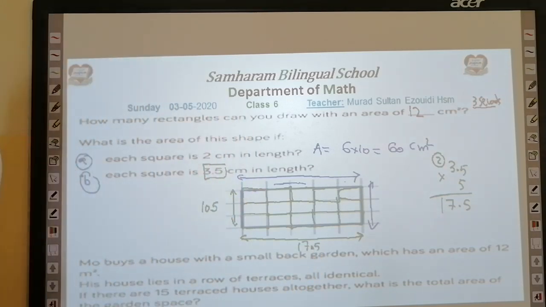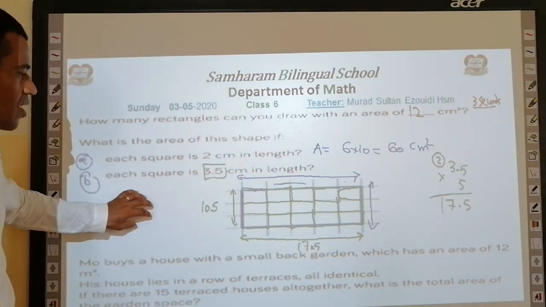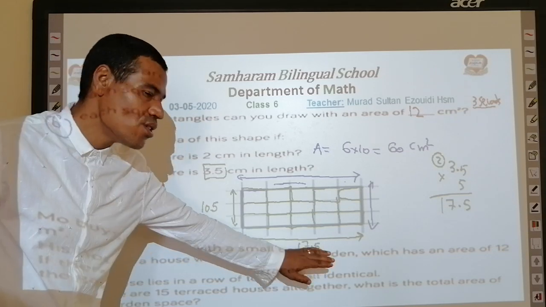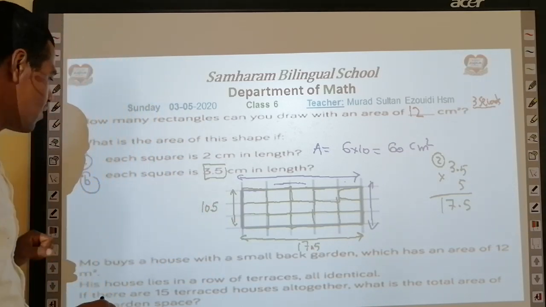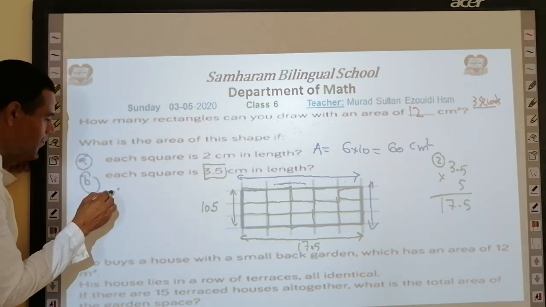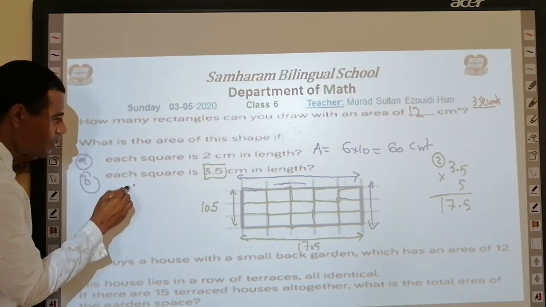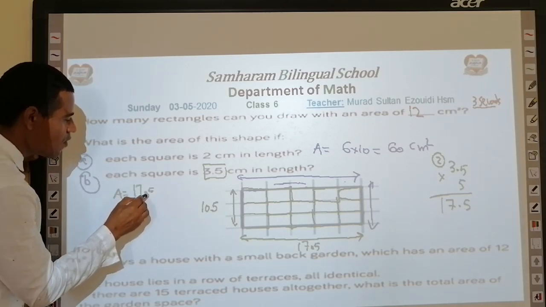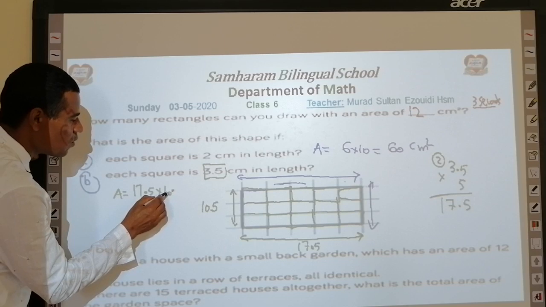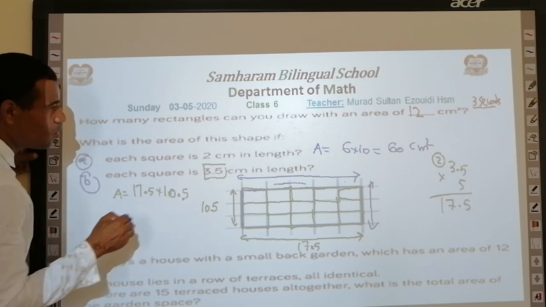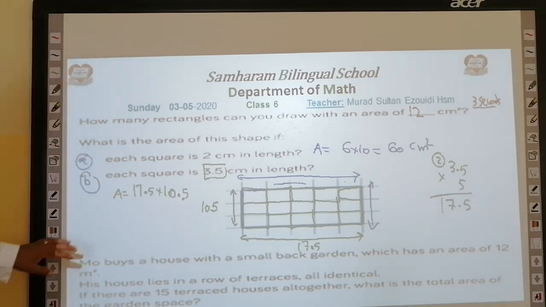So now, my learners, to find the area, just multiply the width by the length. So the area is 17.5 multiplied by 10.5. Look here.